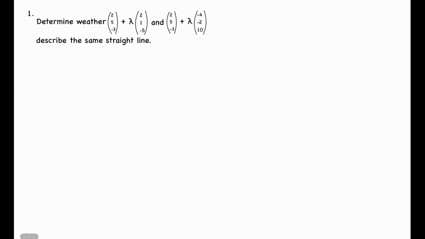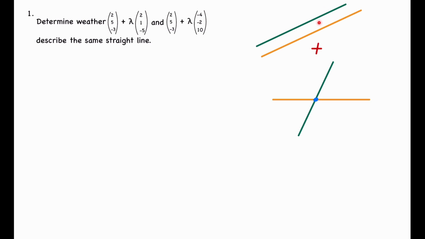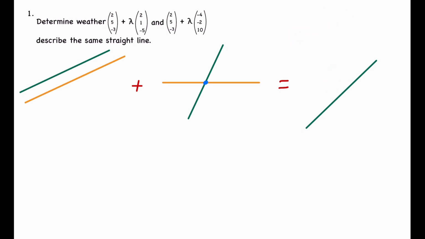To prove they're the same straight line, we have to prove that they're parallel and that the two lines intersect. If they're parallel and they intersect, they must be exactly the same line, because they intersect at a point and are both parallel.